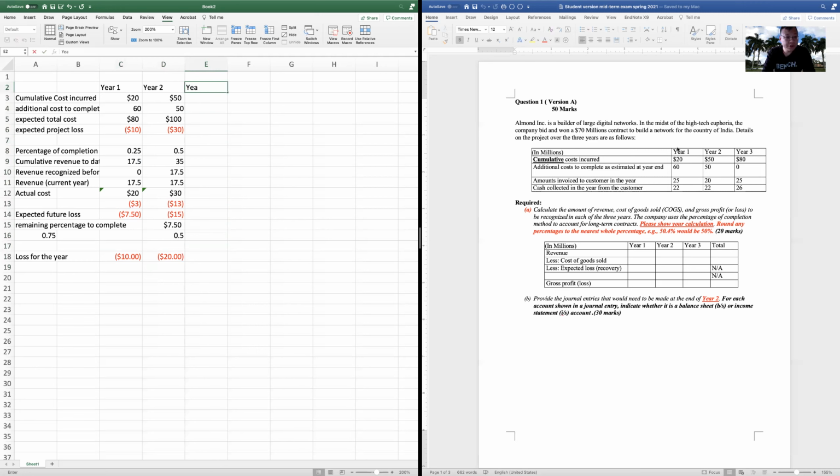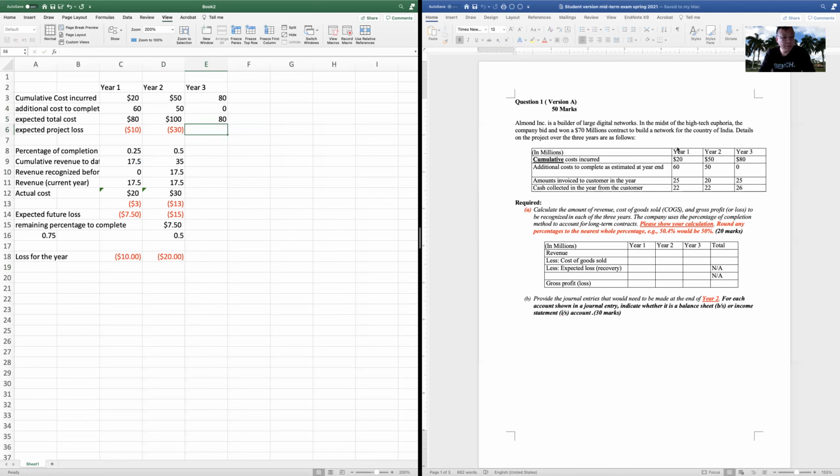Okay, so what's year 3? Year 3 here, that's the 80 here. Additional completion is 0. Total expected loss, the actual cost. What's the total cost, right? The total cost would be just 80, right? Just 80.